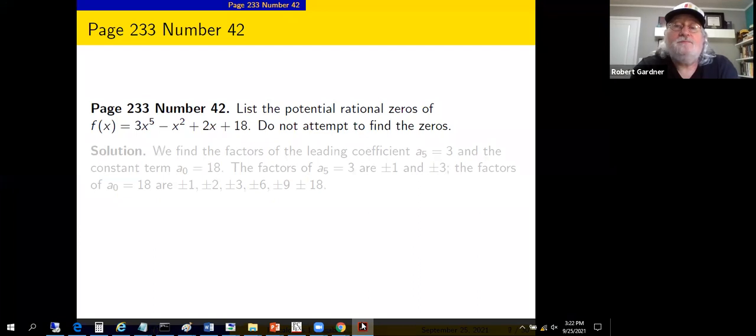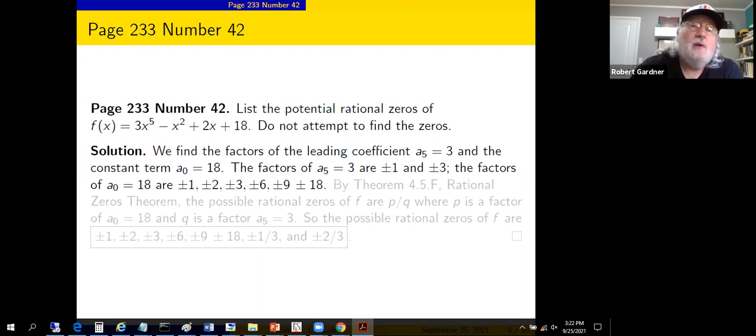For example, consider this polynomial function, 3x to the 5th minus x squared plus 2x plus 18. List the potential rational zeros. Don't attempt to find the zeros. So this one, we're just making a list of potential rational zeros. All right, well, we need factors of 3 and factors of 18.